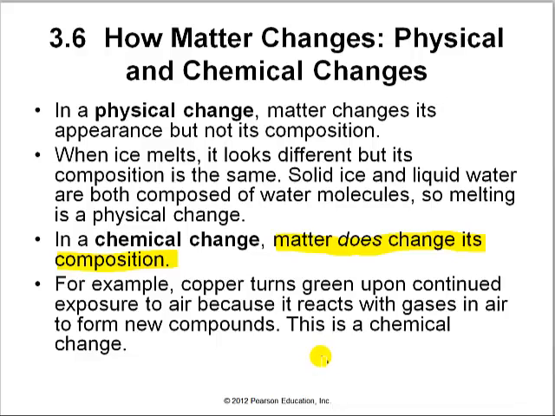You can see sort of a green tinge to it, or in some cases it has a more noticeable reaction with air. And that is an indication of a chemical change. We have now converted the copper to one of the copper salts through that process.